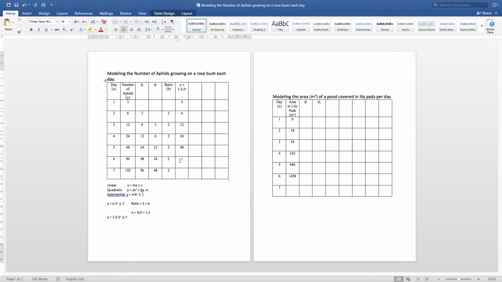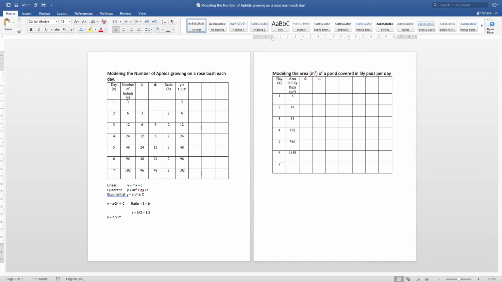So our final equation is going to be y equals 1.5 times 2 to the power of x. And we can see this when we graph it as well. These things all tie into the graph.